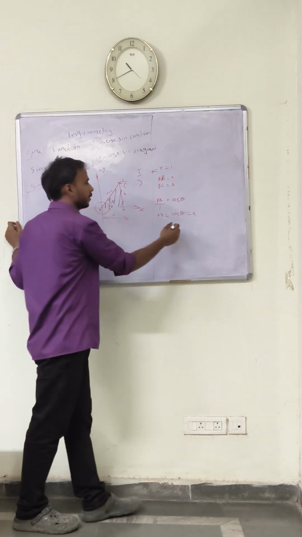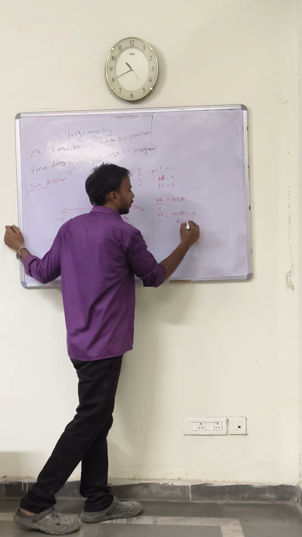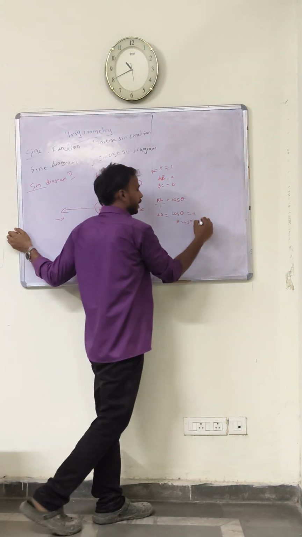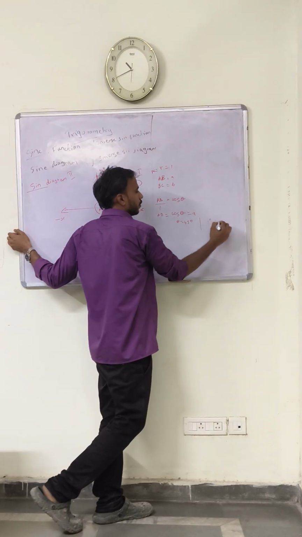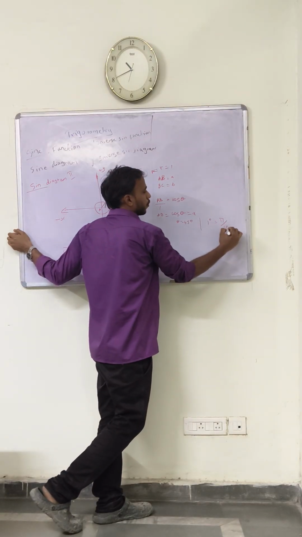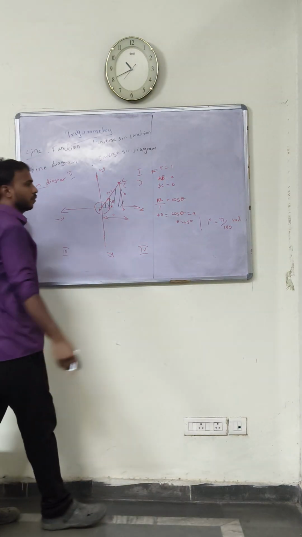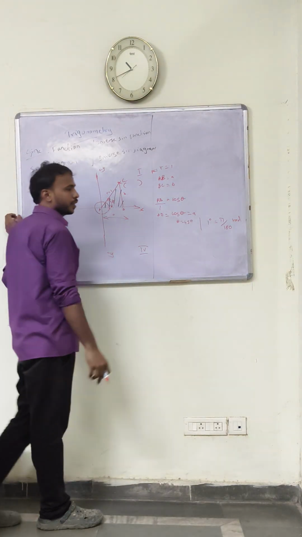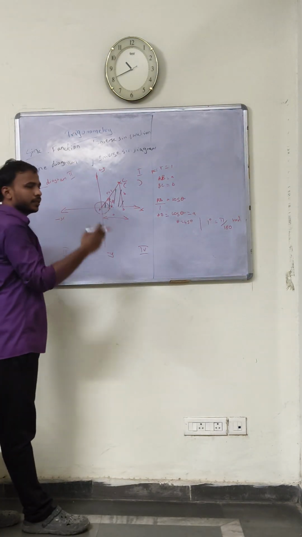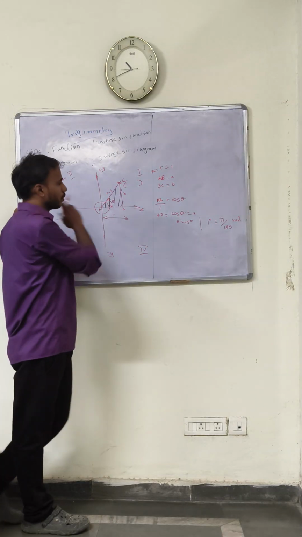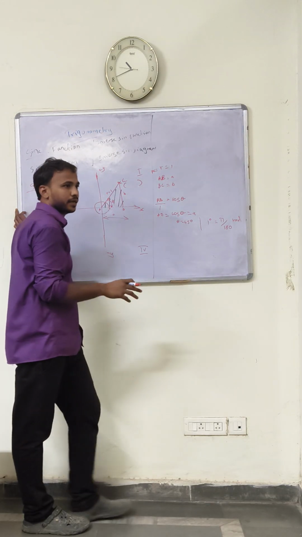If I take theta equal to 45 degrees, otherwise you can convert that into radians. 1 degree is equal to pi by 180 radian. I hope everyone knows this. Why are we converting that into radians? That is for convenience only. We consider 180 as pi radian.